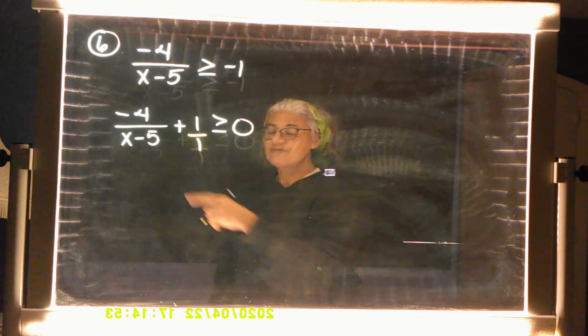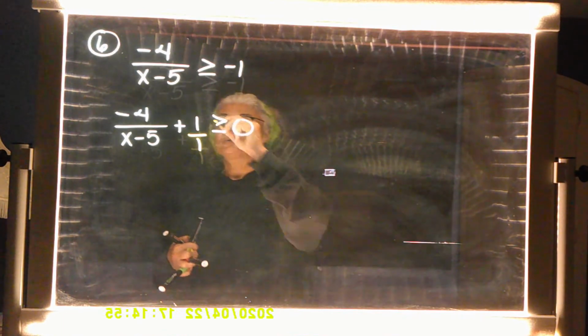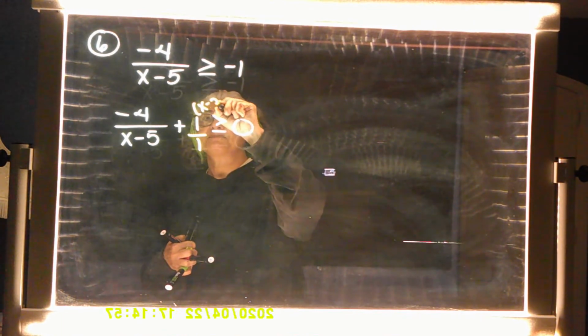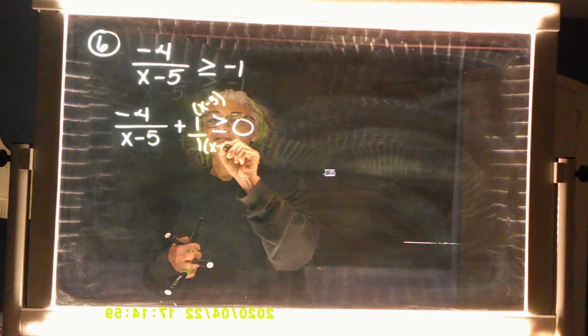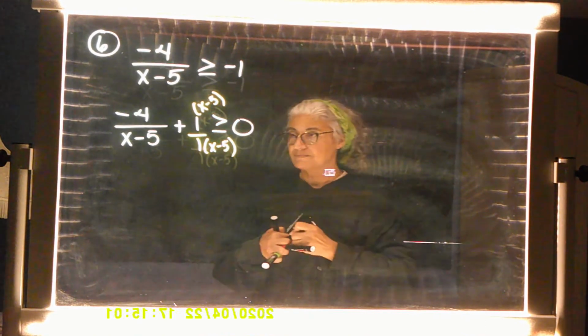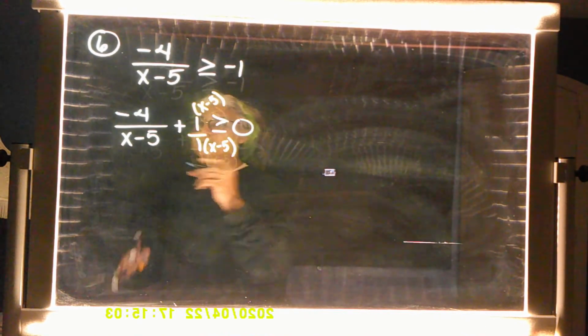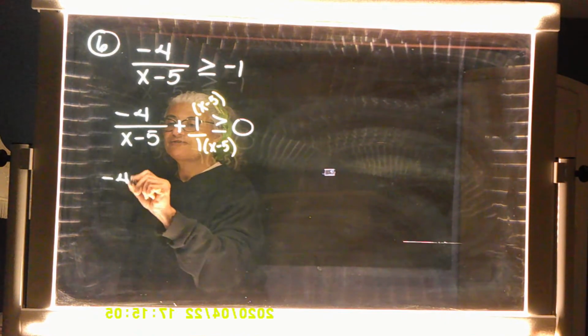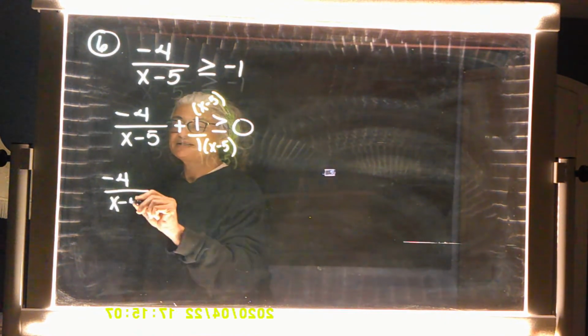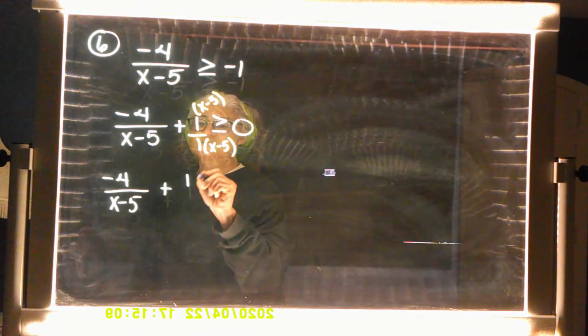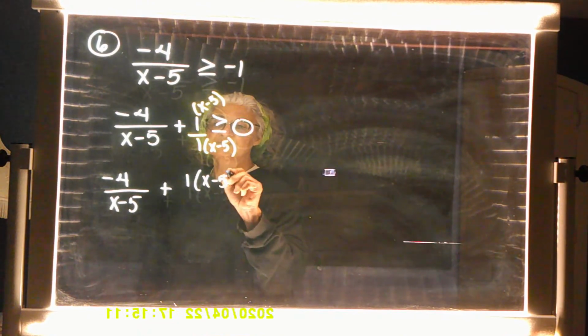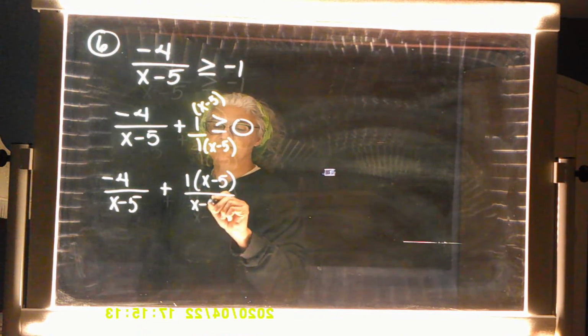Good, x minus 5, which means we're going to multiply top and bottom by x minus 5. Agreed? So here's what it's looking like. It's looking like a negative 4 over x minus 5 plus 1 times x minus 5 over x minus 5.